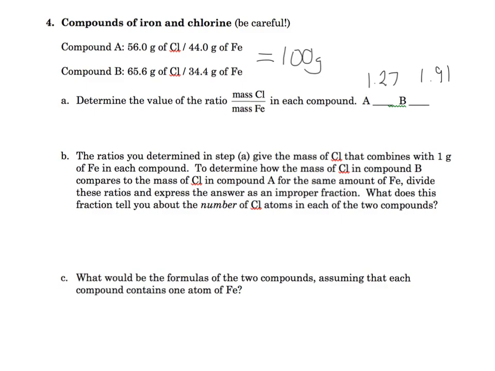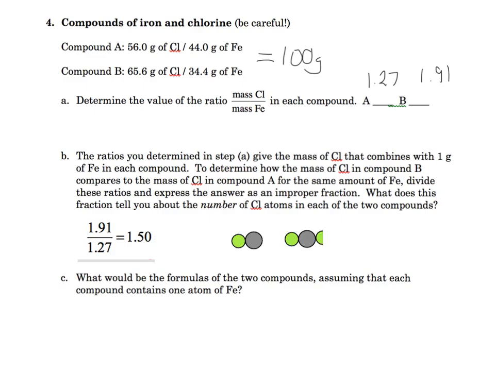But as we have seen before, the best way to compare two values is to consider the ratio of the values. If we do so, this is what we obtain. When we compare these two mass ratios, we see that compound B has 1.5 times the chlorine for every gram of iron as compound A.